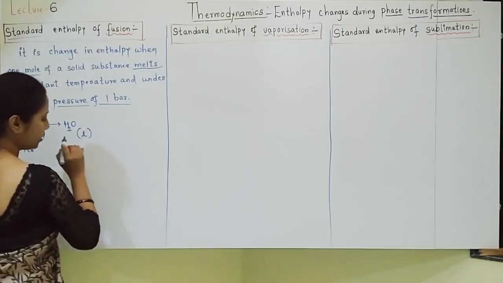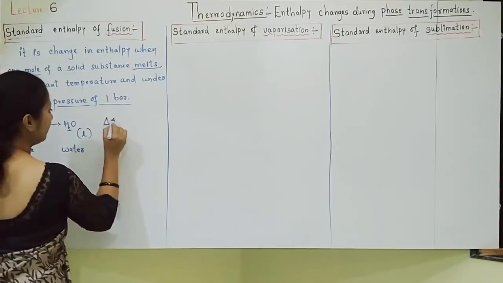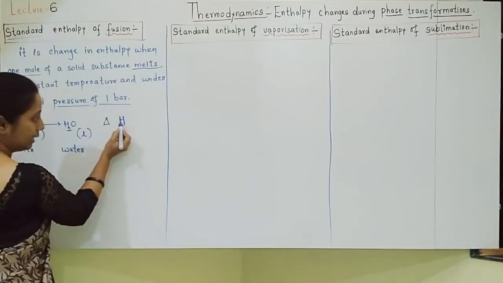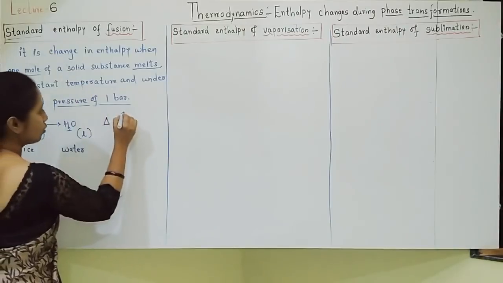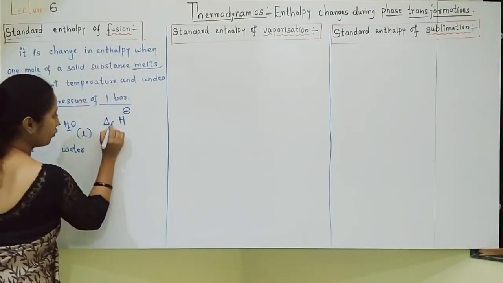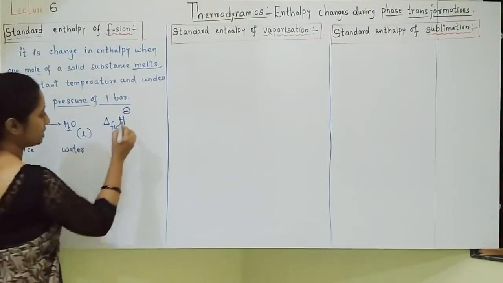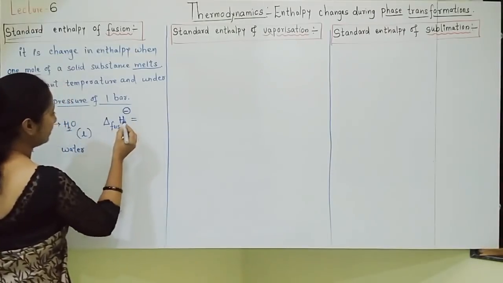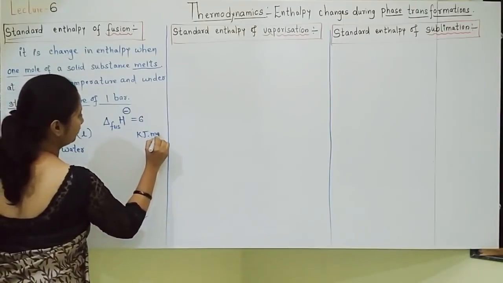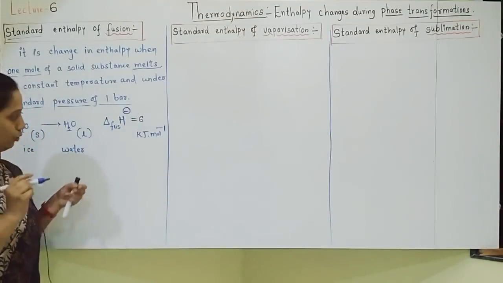Then during this, which enthalpy change takes place? I must write delta H. Standard, so I must put this sign. Next, fusion, so write FUS. Delta H standard FUS is equal to 6. It is always measured in kilojoule per mole.